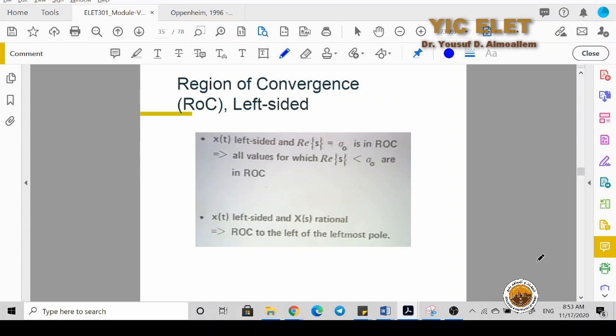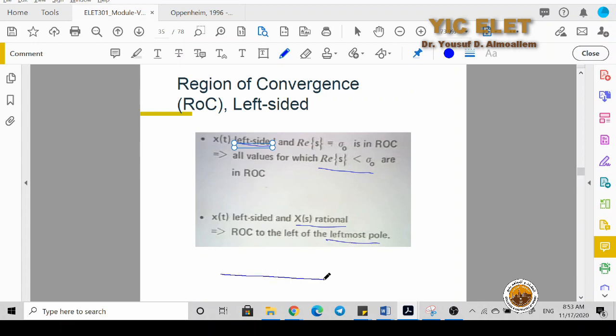Right. Now, for the left-sided function, we will switch from greater than to less than. For a left-sided function, and X of S rational, the ROC is to the left of the leftmost pole.